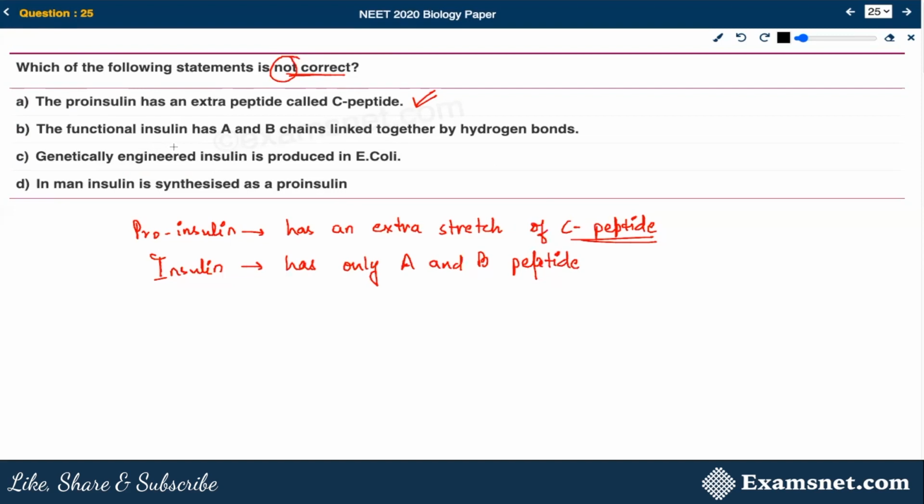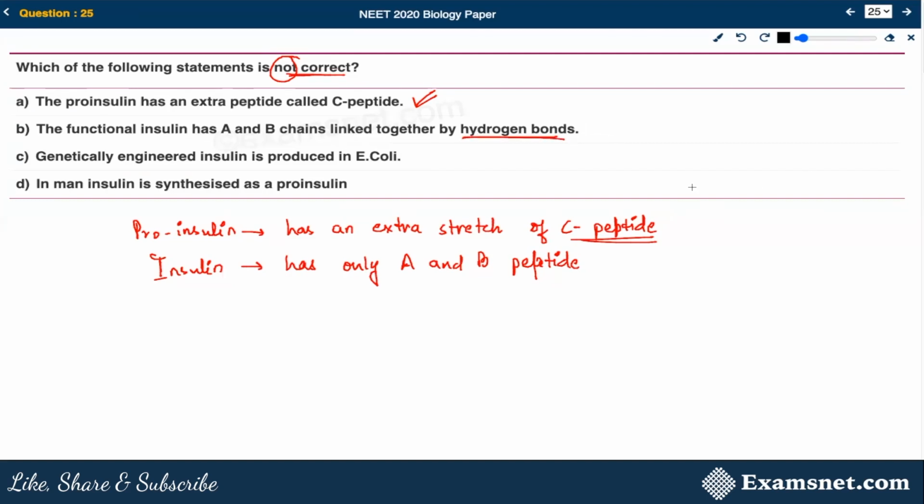So the functional insulin has A and B chains that are actually linked together by the hydrogen bonds. So if you see, this is actually the incorrect statement, because they are not linked together by hydrogen bonds.